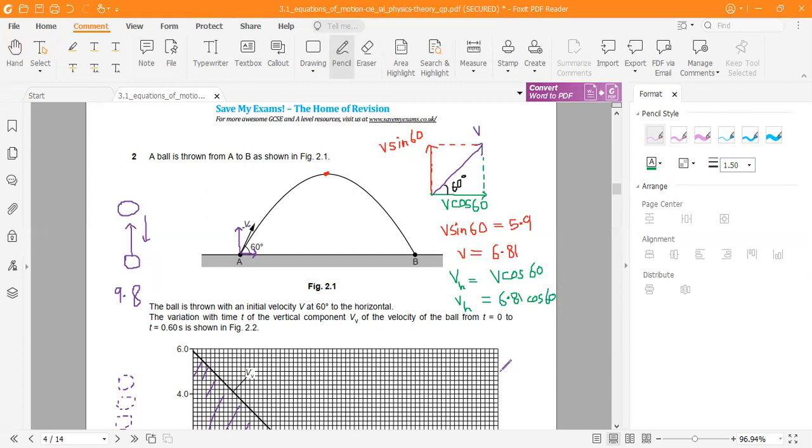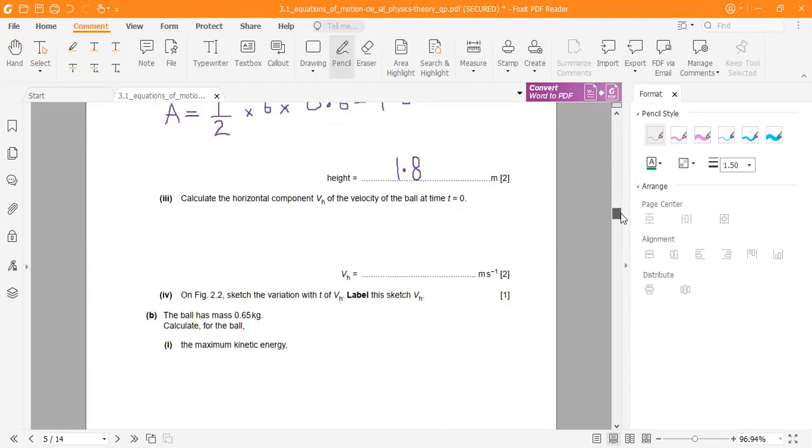This will give me 6.81 multiplied by cos 60, and this is giving me 3.41. So VH, the horizontal component of initial velocity, is 3.41 meter per second. So our answer will be 3.41 meter per second.